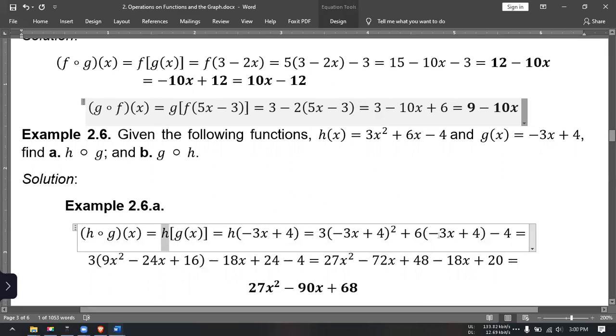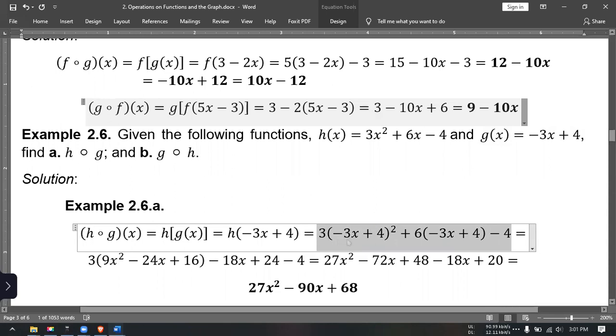So yeah, we have this line. Since our h is defined as 3x squared plus 6x minus 4, yung x natin magiging g, wherein g is defined as negative 3x plus 4. And then we can now apply algebra sa square. Square tayo dito, no? Meaning we have to multiply this binomial to itself.